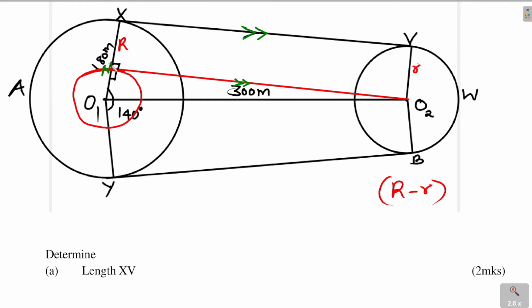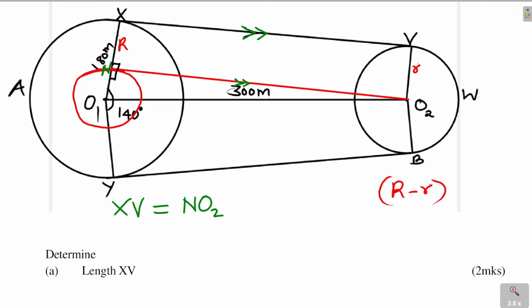So the lines NO2 and XV are parallel and equal, and so to determine the length XV is also to determine NO2. Let me write that here: XV is equivalent to NO2.